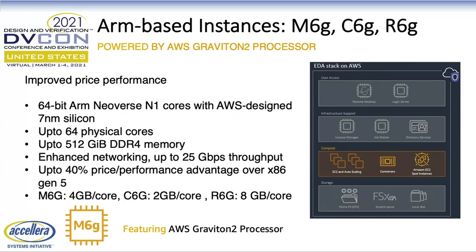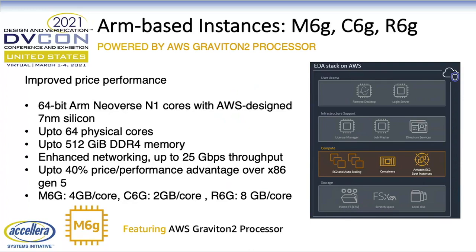We call these the M6G, the C6G, and the R6G. And the main difference between them is how much physical memory per core is available on the system. But all of them are based on 64-bit ARM Neoverse N1 that is designed by AWS. It's based on 7-nanometer silicon.